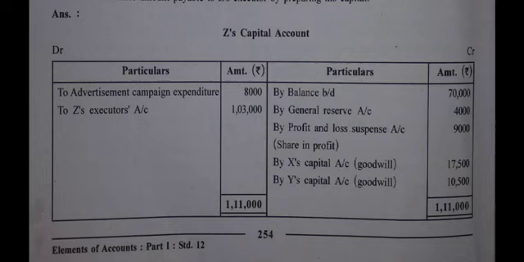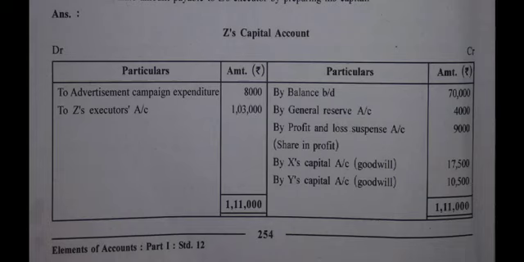When we were doing long sums regarding retirement of a partner, in that we used to prepare revaluation account, partner's capital accounts, or say current accounts, cash and bank, and balance sheet. So we have to focus on partners' capital accounts that we know how to prepare.